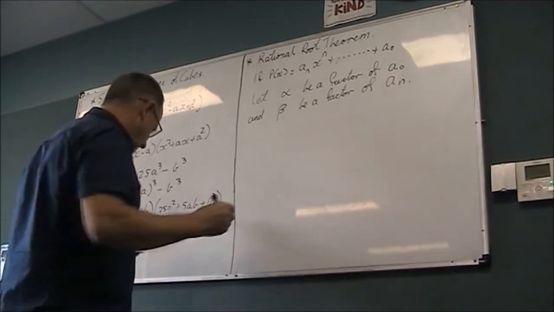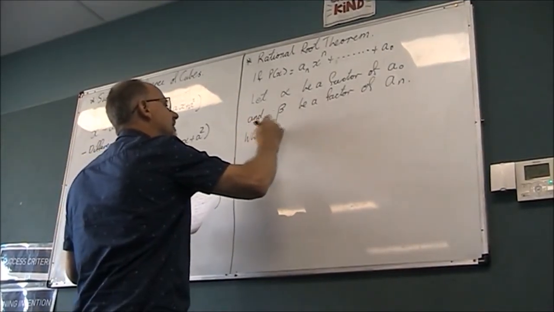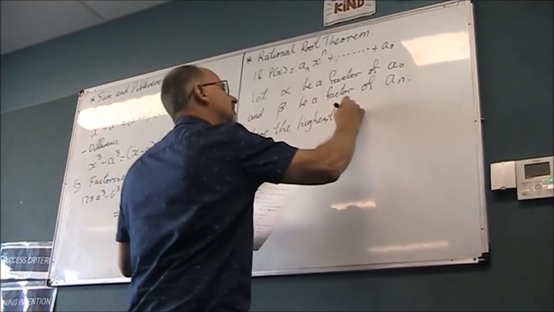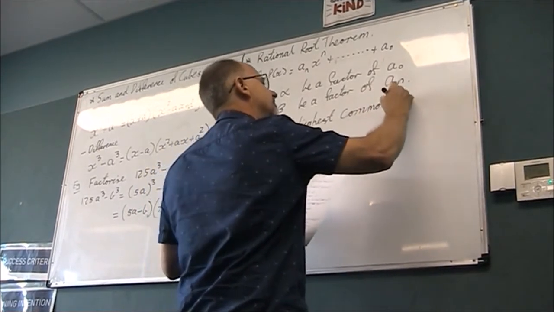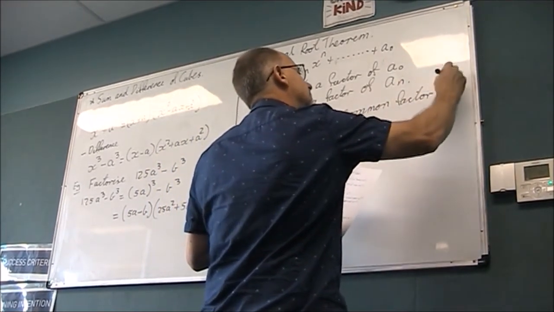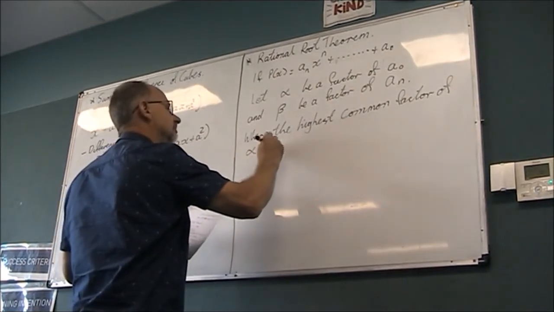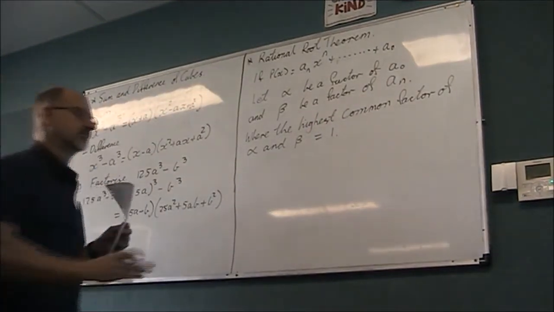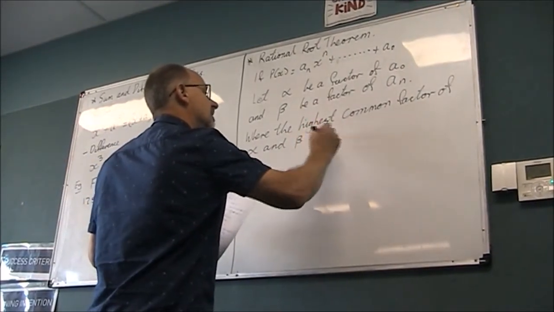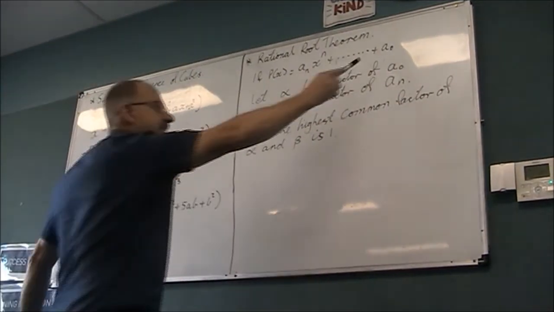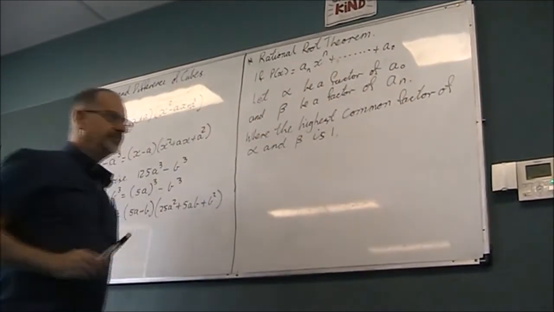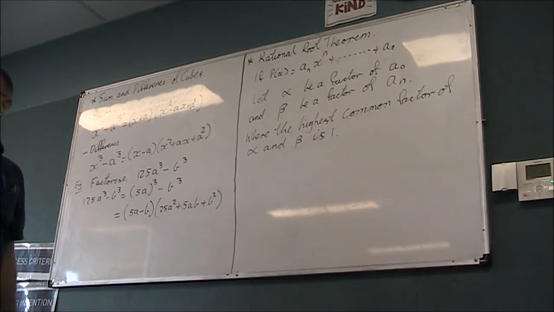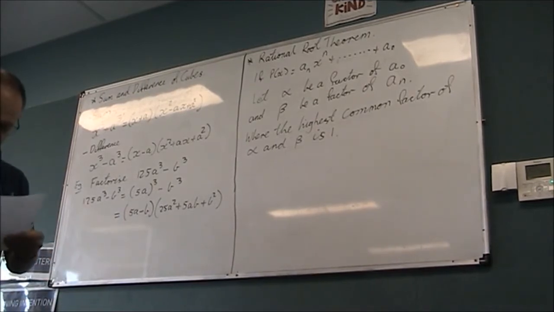Now, this is what is going to help us when we get to it. And for the factors of these things here, we want the highest common factor of them to be 1. In other words, effectively no common factors.